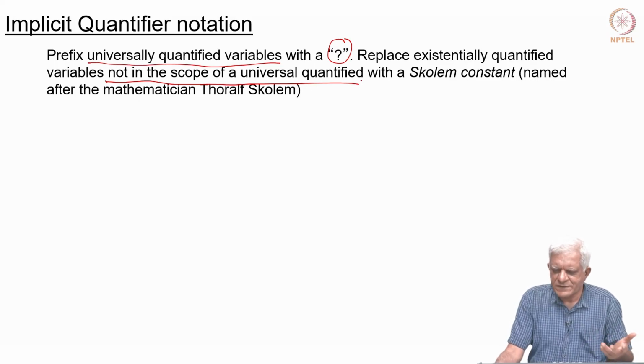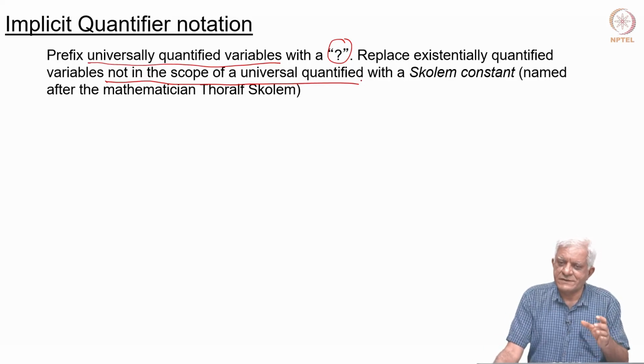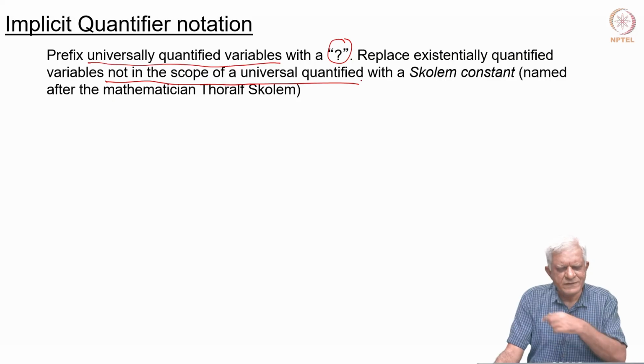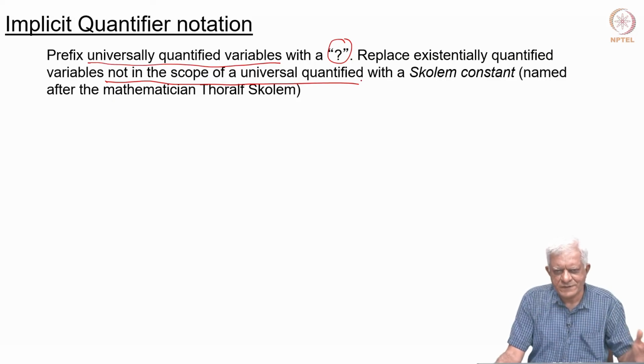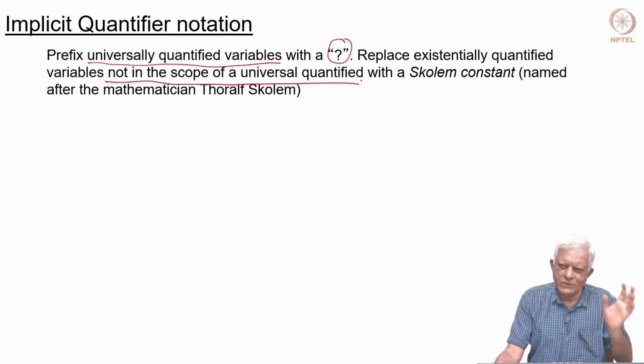Essentially, it is just a special kind of a constant which differs from the constants that we have in our language. Remember, our language is first order logic with L, which is made up of sets of predicate symbols, function symbols and constant symbols. So, this Skolem constant is not one of those, it is a new constant.